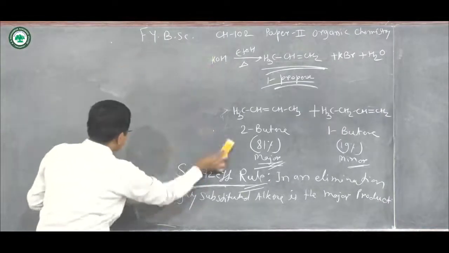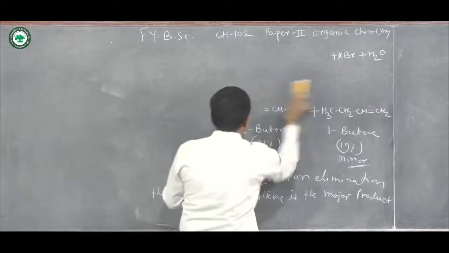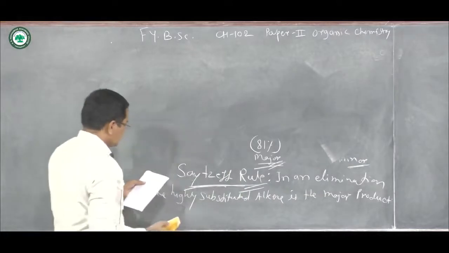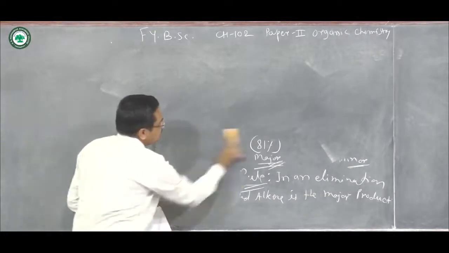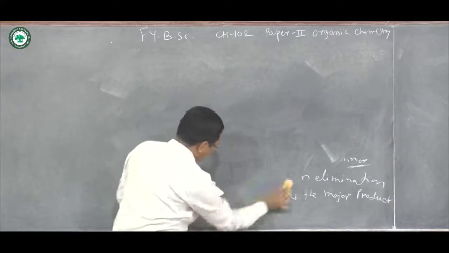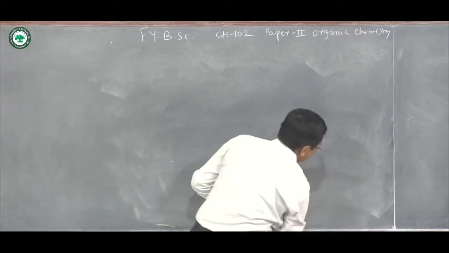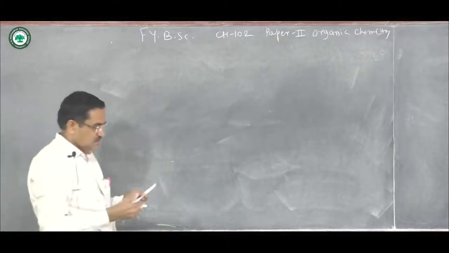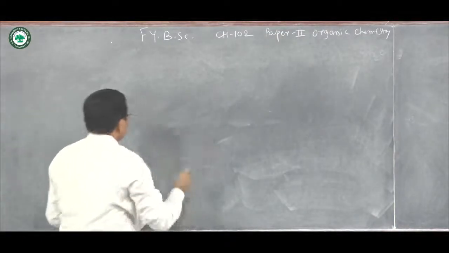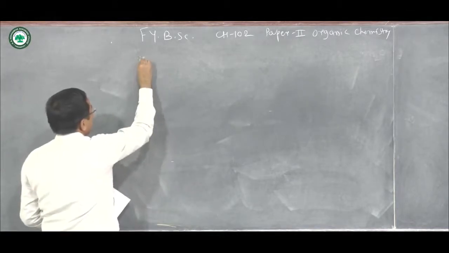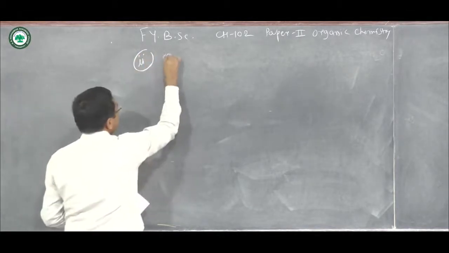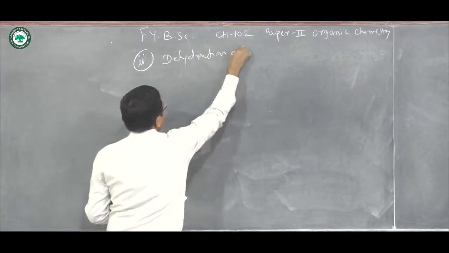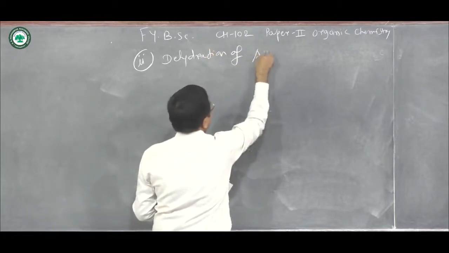Means it can be said that the more substituted alkene product is more stable and it forms faster. Okay, we will see the second method, that is dehydration of alcohol.